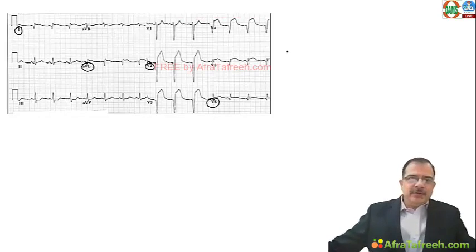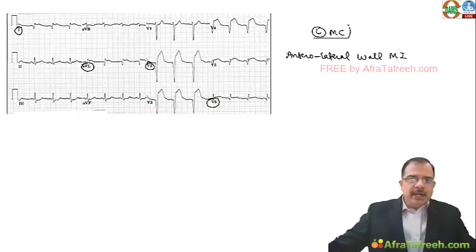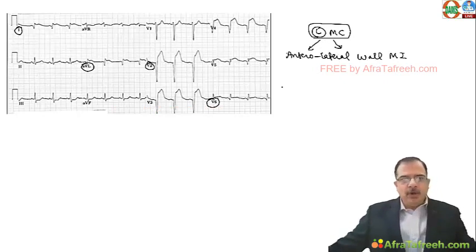So it is a case of ST elevation in 1, aVL and V1 to V6. So this is an anterolateral wall MI. The anterior wall is affected, the lateral wall is affected. Most likely it will be a left main coronary thrombus, which is supplying both the anterior and lateral wall.